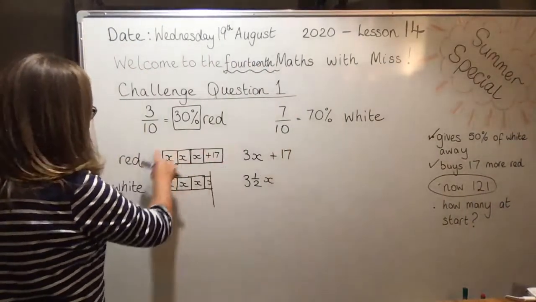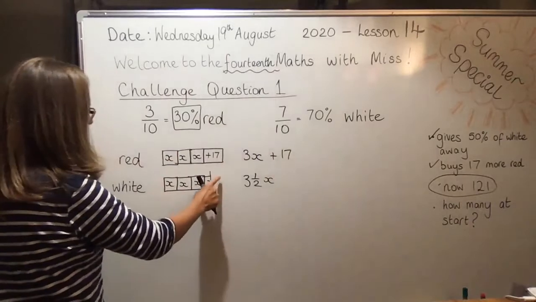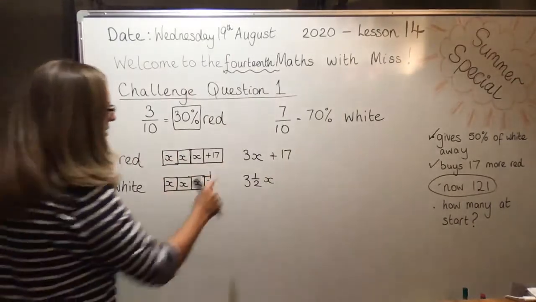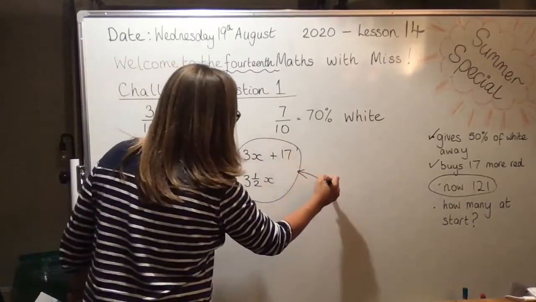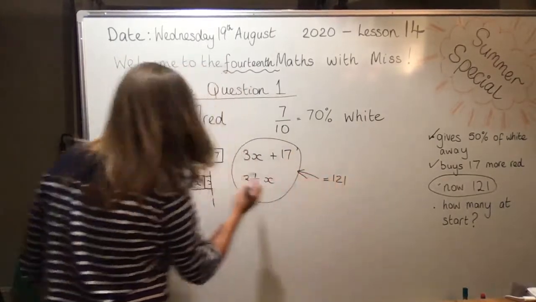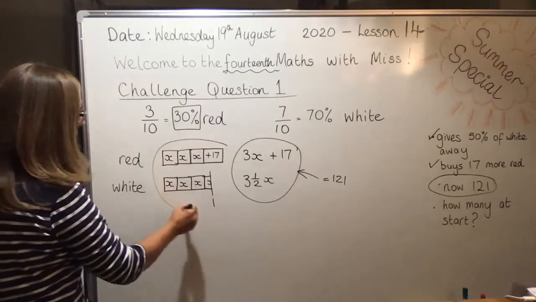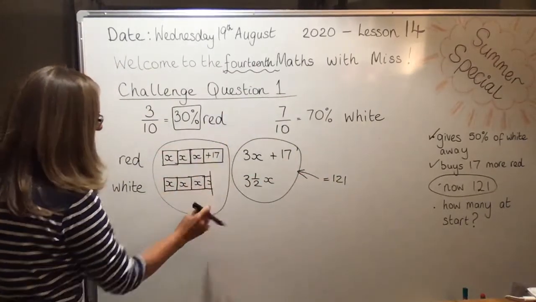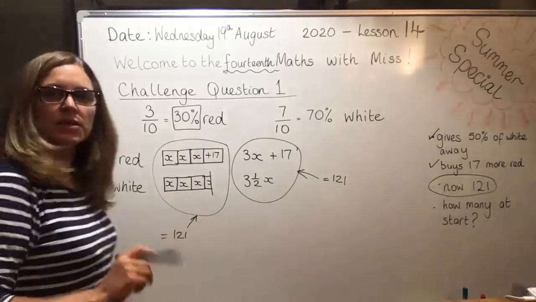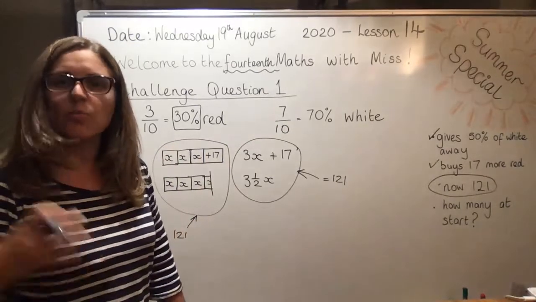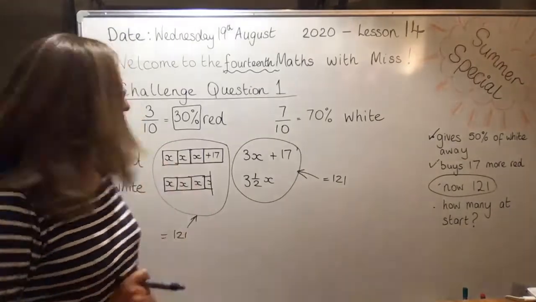So this bit here plus this bit here equals 121. This bit here, so that equals 121. Or, showing it on a bar model, that equals 121. So now we can use a bit of algebra and we can form and solve our equation.